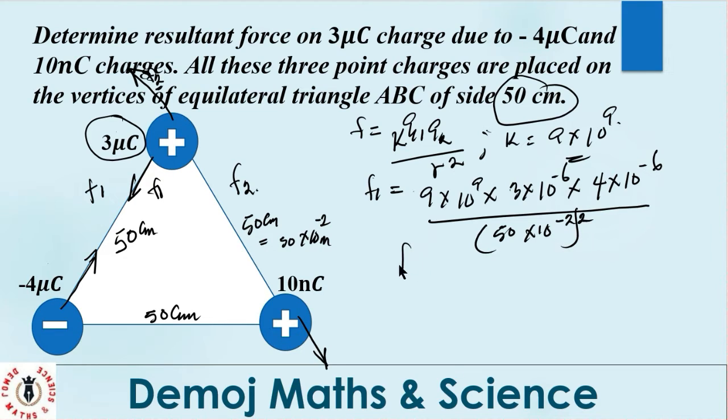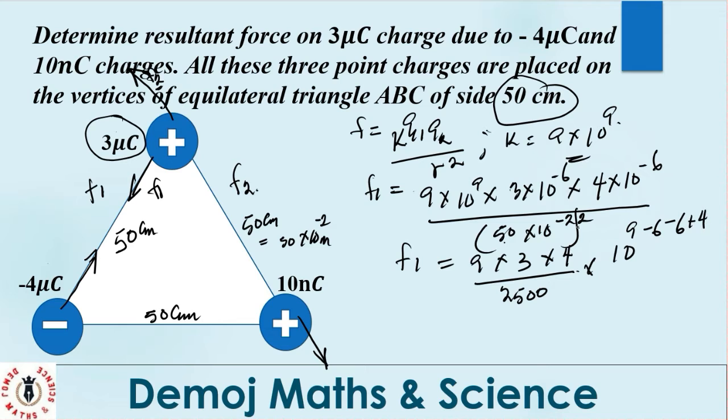So F1 will be the same thing as 9 times 3 times 4 over 50 squared, that's 2500, times 10 raised to power 9 minus 6, then plus 4, because of this 10 raised to power minus 2.